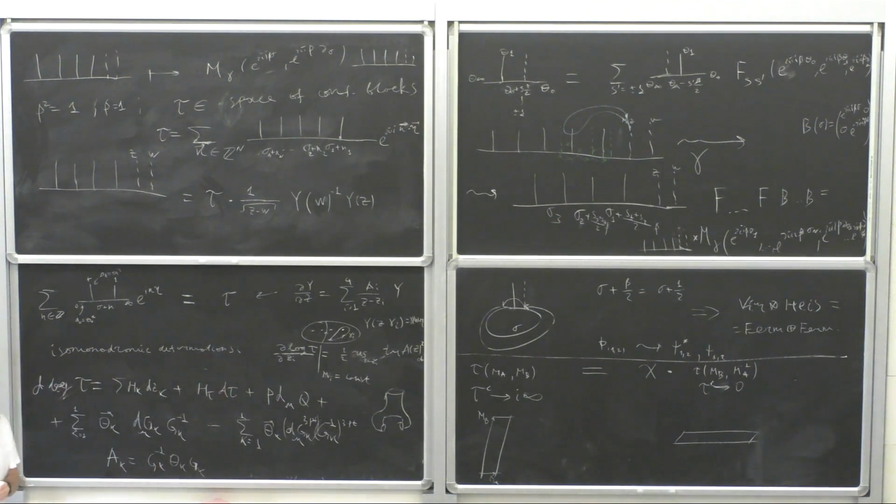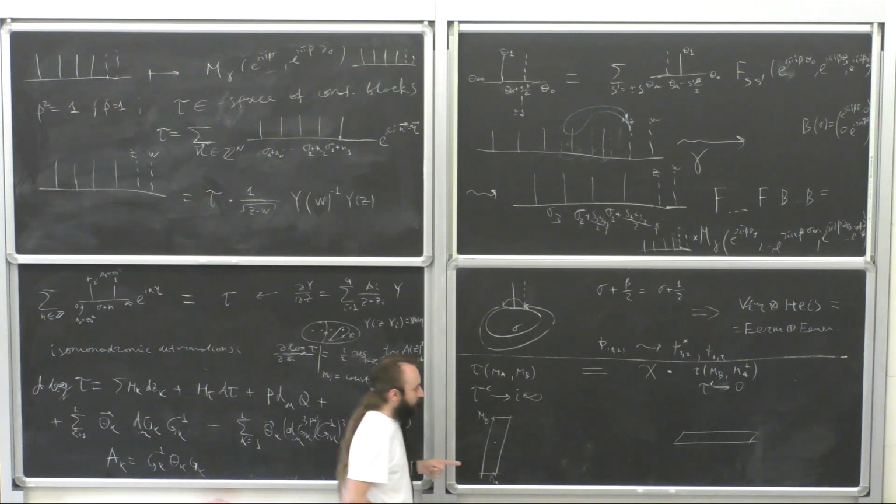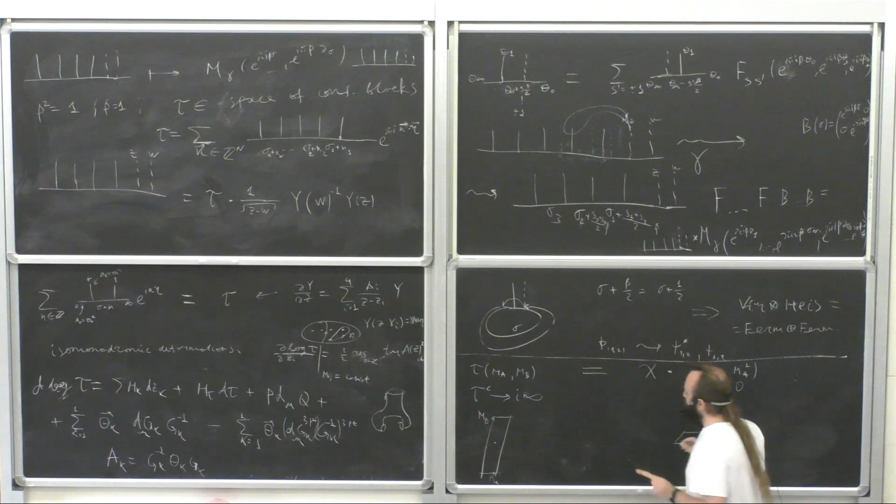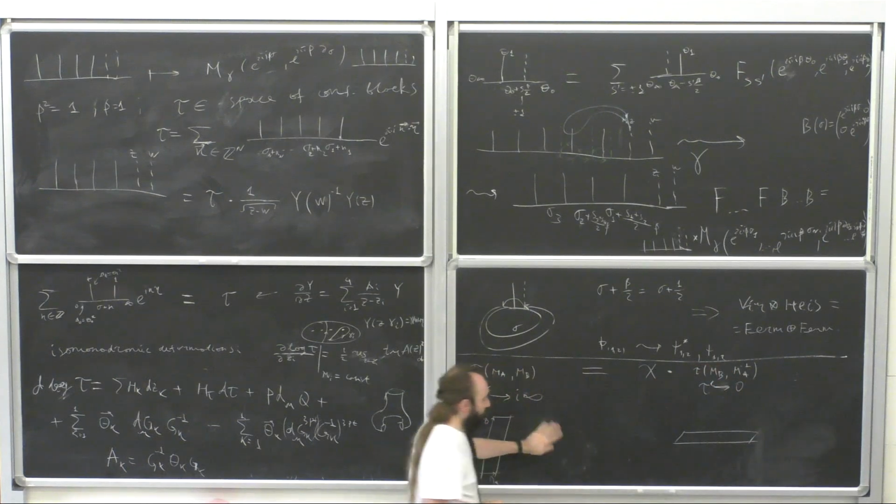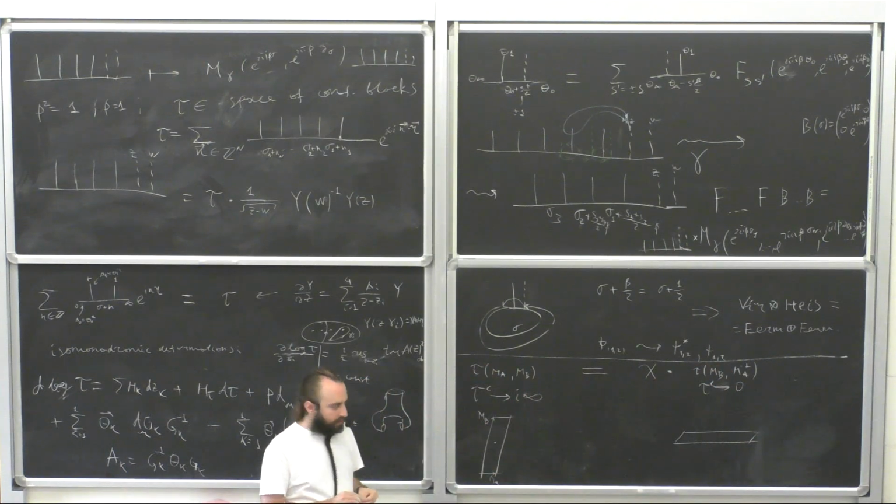So is it fine? No, MA and MB are monodromy matrices. Yes.